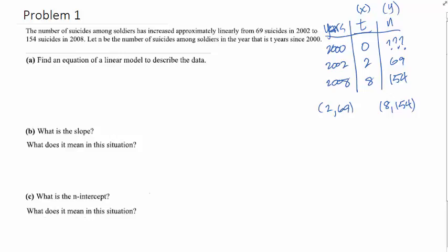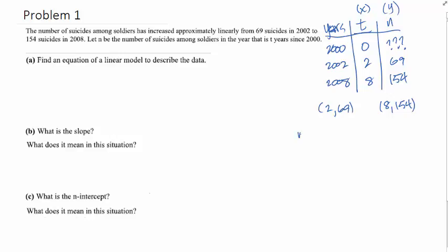Now given these 2 points, what we want to do is find the slope and the y-intercept, or we'll call it the slope and the n-intercept. So let's try to do this carefully with x's and y's and replace them with n's and t's.